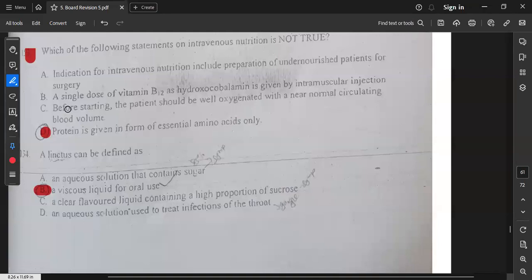What is the protein source called when it's being given through intravenous nutrition? Essential amino acids are not the only source of protein, not just essential amino acids. So through elimination from a Google search, the answer is D. I don't know, put D or the shortest, sometimes the longest.